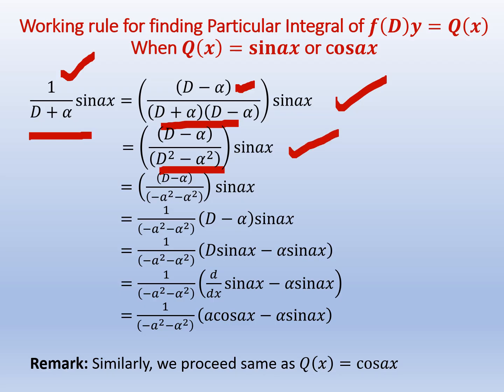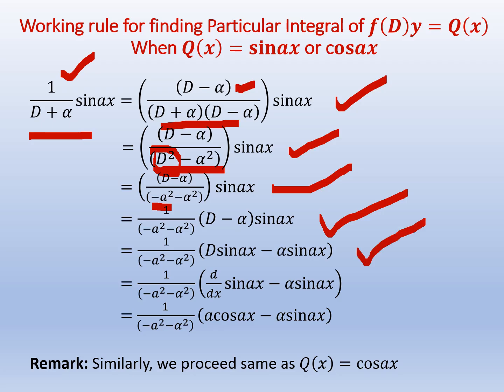Thus we get D minus alpha by D square minus alpha square of sin ax. Now in the denominator, in place of D square, we write minus a square. Thus we get D minus alpha by minus a square minus alpha square of sin ax. This can be written as 1 by minus a square minus alpha square of D minus alpha into sin ax.